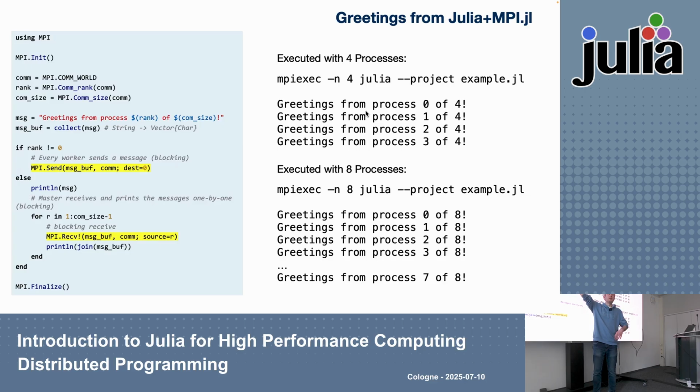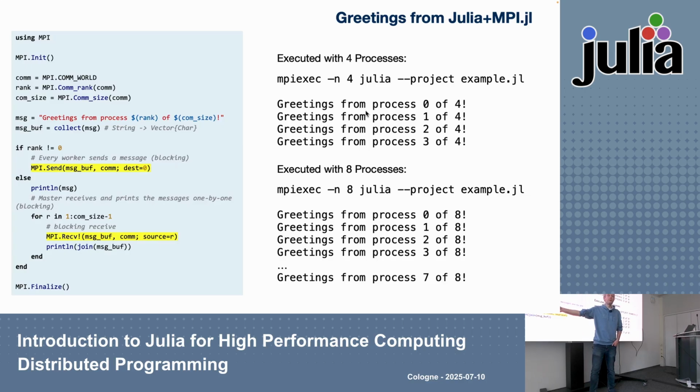using our main group. So this is the com world, our world group, and the destination of the message is 0, therefore rank 0. And rank 0 will first print its own message, and then it will iterate over all the other IDs that it knows, because it asked how many we have. So its own is rank 0, and it starts from 1 to the end.